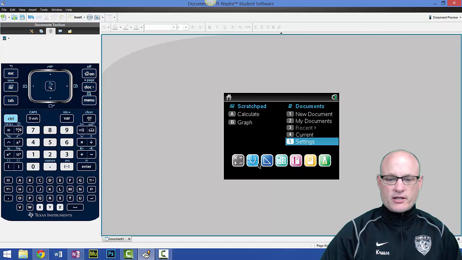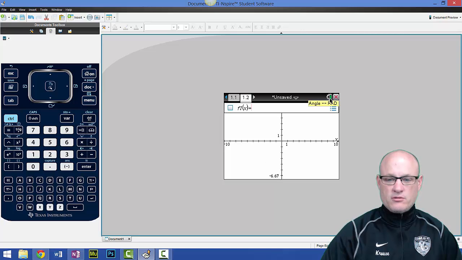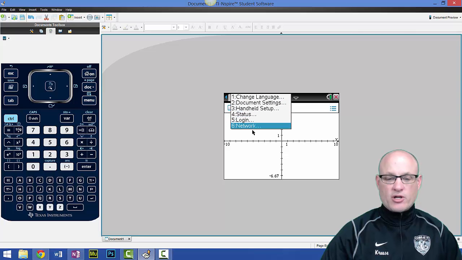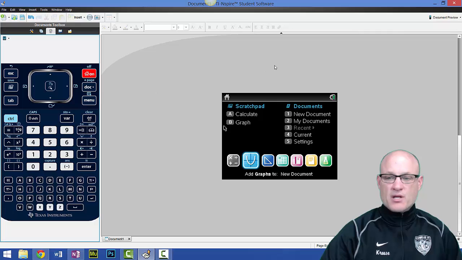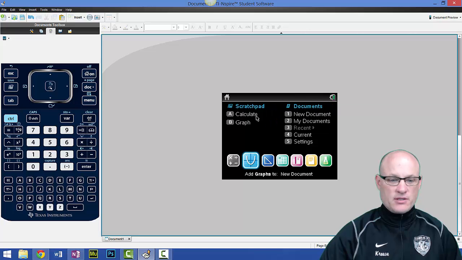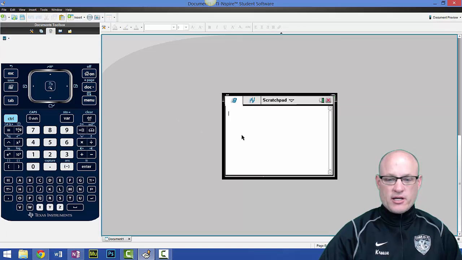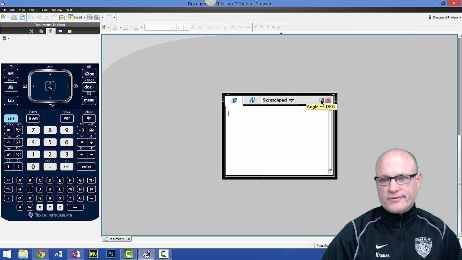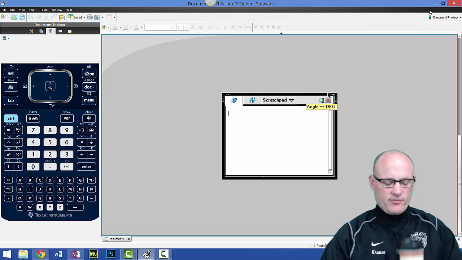Now, when I go back into graph mode, I'm in radian mode, but we'll talk about that in a few minutes. No big deal. But you want to make sure that when you're working with your calculator, you're in degree mode. When I go into calculator, yeah, see, I'm in degree mode. So I don't know. We'll see.